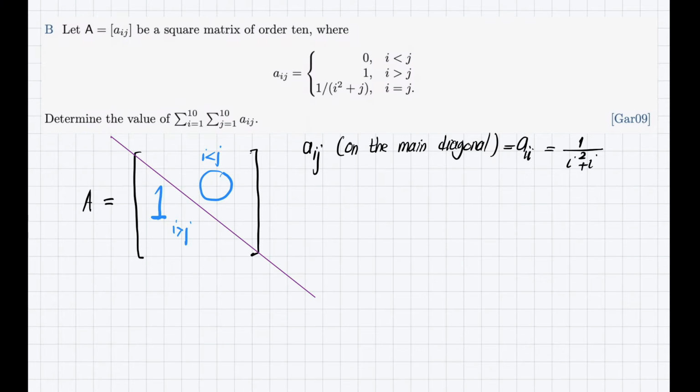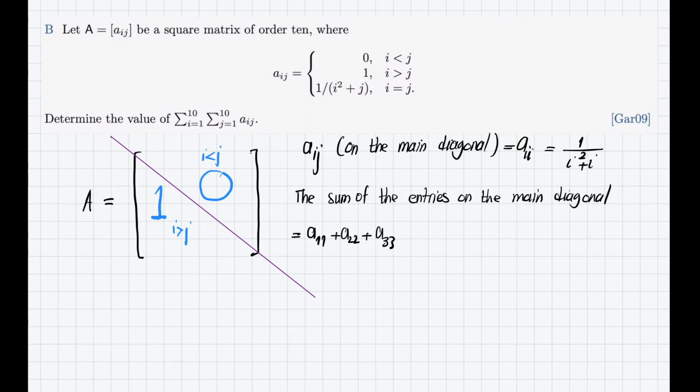Okay, so the sum of the entries on the main diagonal is equal to a11 plus a22 plus a33, and then I continue until the very last, which is a10,10, and then I put a comma not to confuse myself here.